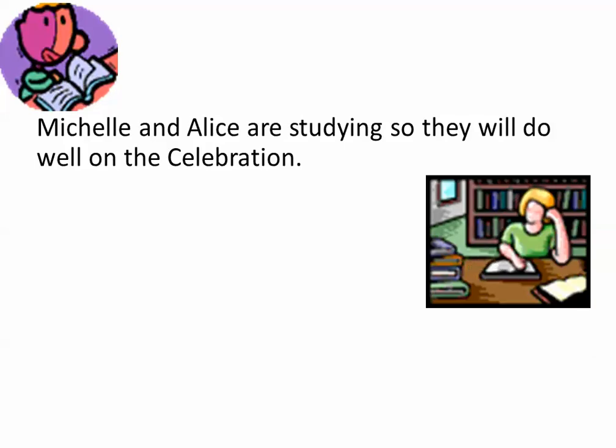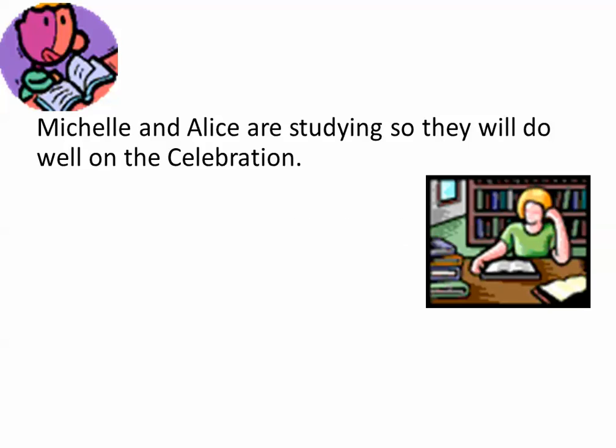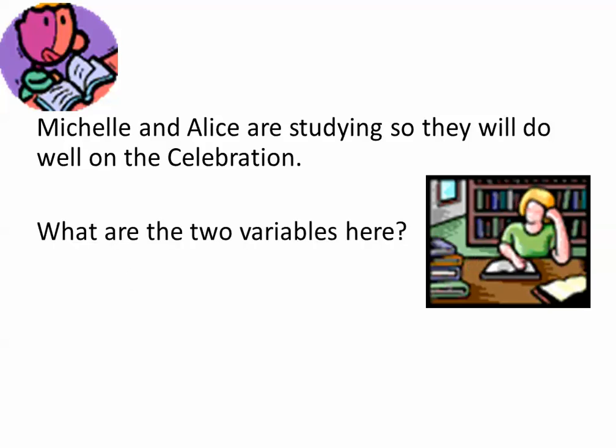All right. Now, let's look at this one. Michelle and Alice are studying, so they'll do well on the celebration. Okay, well, what are the variables? What are the things that can change here? Well, we could have the amount that they study, right? And what else?